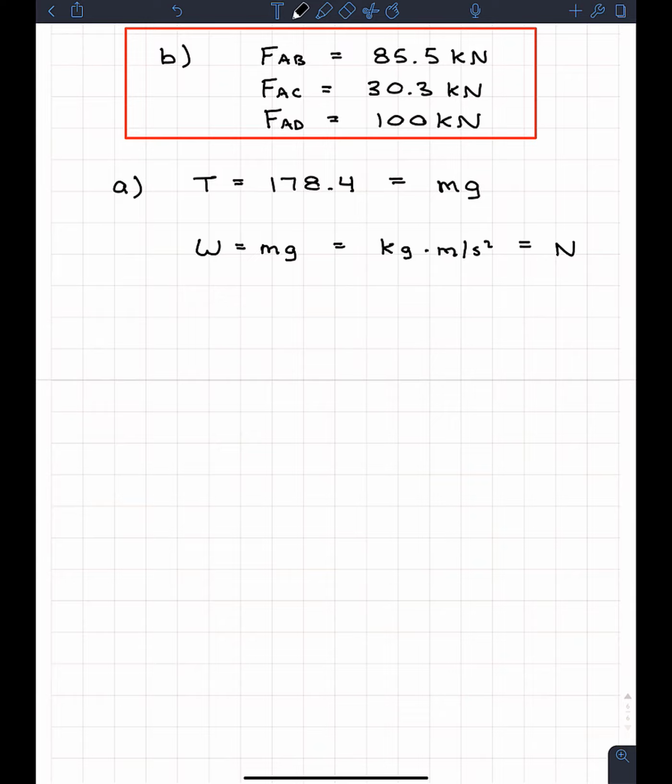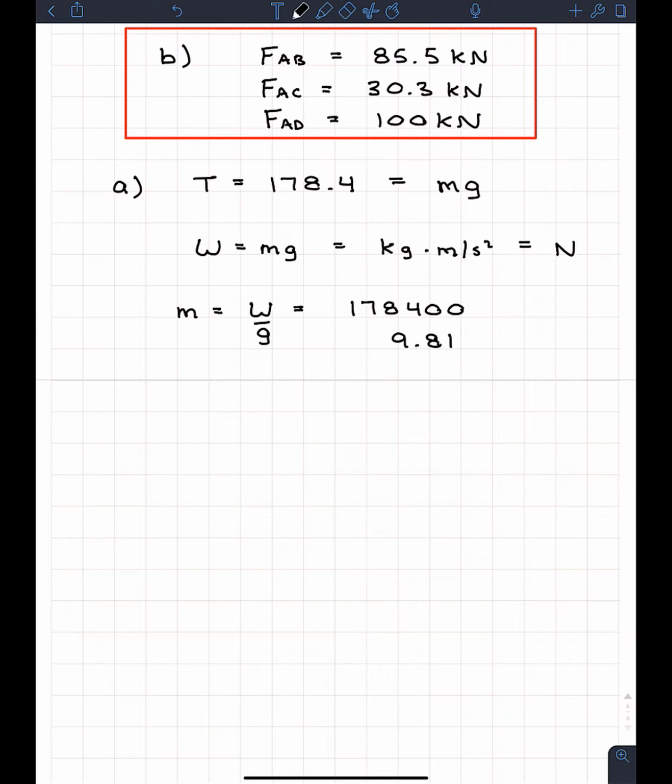And that's the problem, because we don't have T in newtons, we have it in kilonewtons. So therefore, when I'm doing mass is equal to weight over gravity, I have to convert my weight into newtons. So this will be 178,400. So I'm just timesing by 1,000 divided by that 9.81.